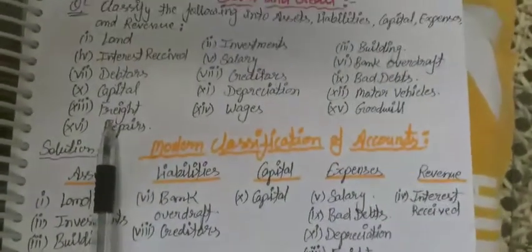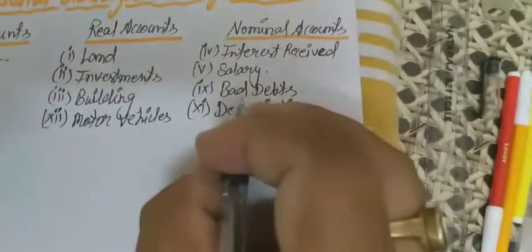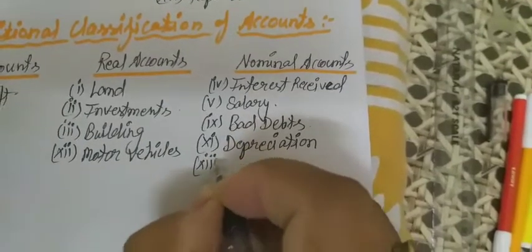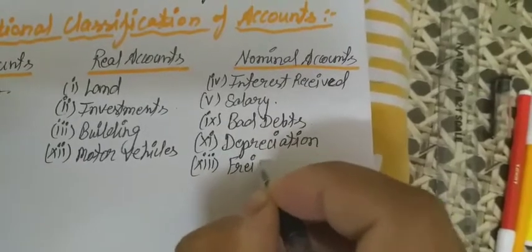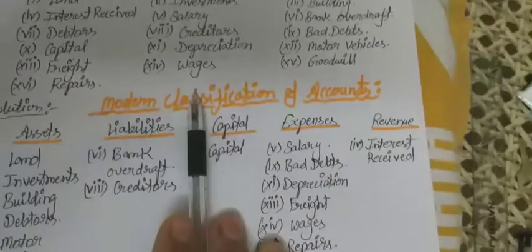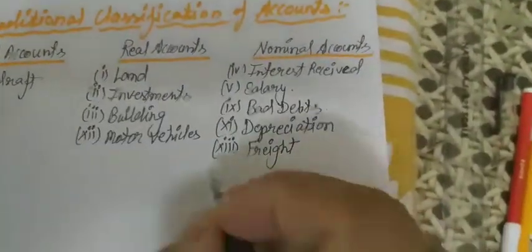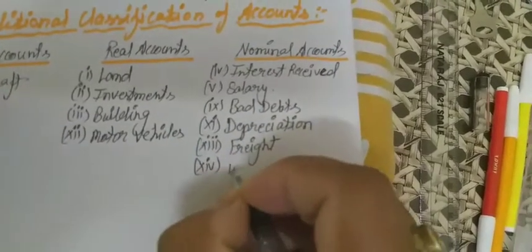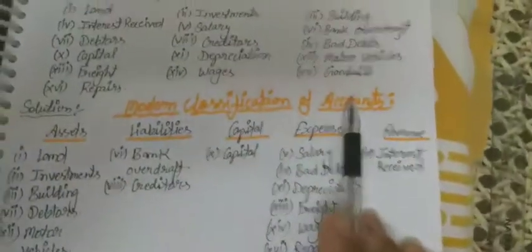Freight, once again it is an expense, and if it is an expense, it also comes under the nominal account. Next, wages, it is an expense, so it also comes under the nominal account. Next one is goodwill.